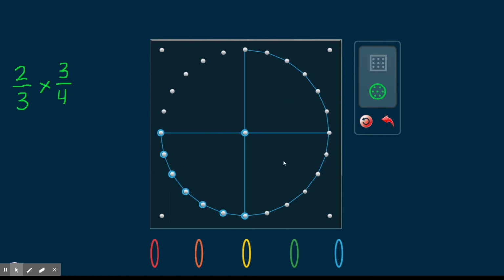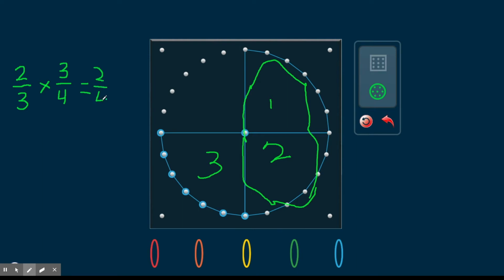So here I have 1, 2, 3 equal parts, and I want to find 2/3 of those parts. So 2 of those parts are right here. There we go. So 2/3 of this 3/4 is 1/2, which is equivalent to 1/2.